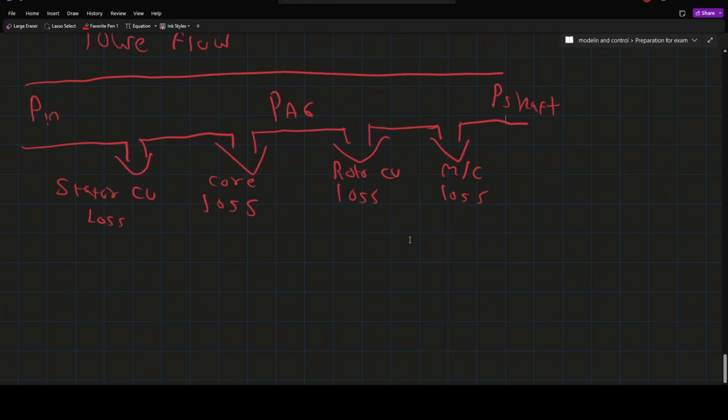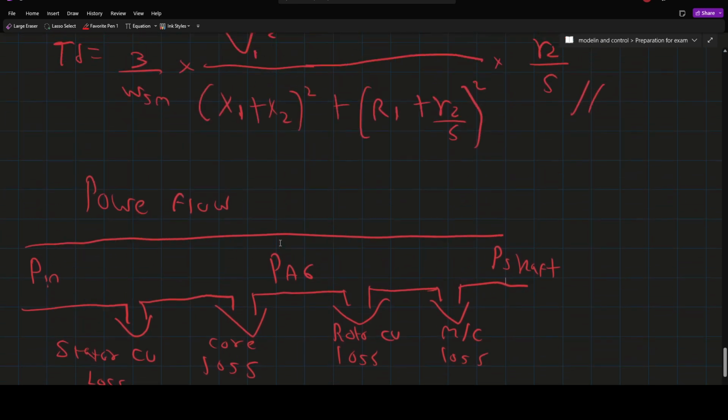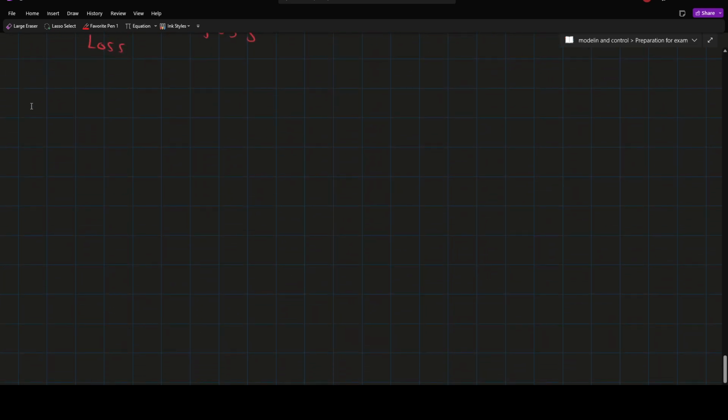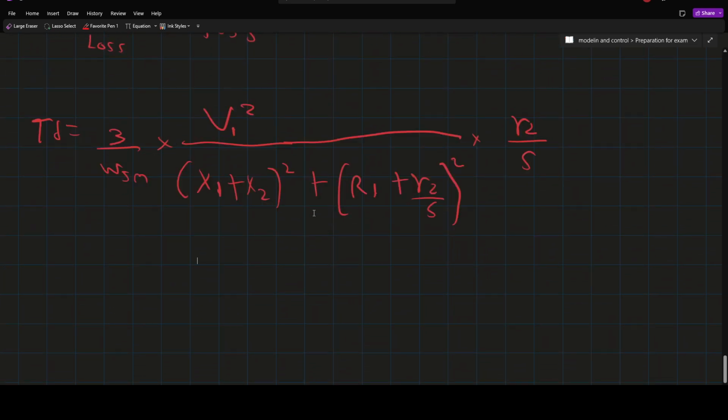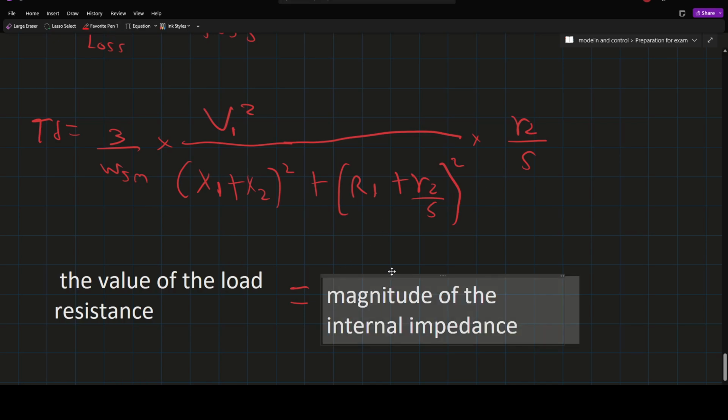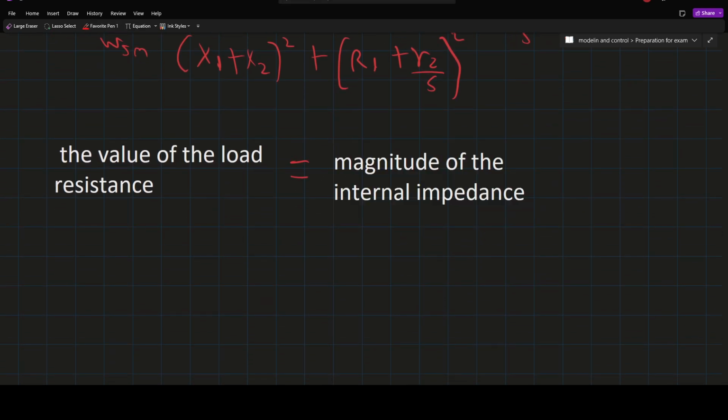Okay, so now we are going to try to figure out what is our maximum torque. So again, here we have our equation. Now, we said that when the value of the load resistance equals the magnitude of the internal impedance, we have the maximum power.